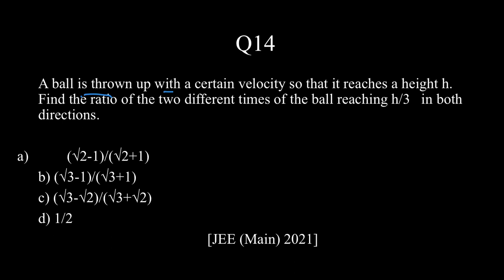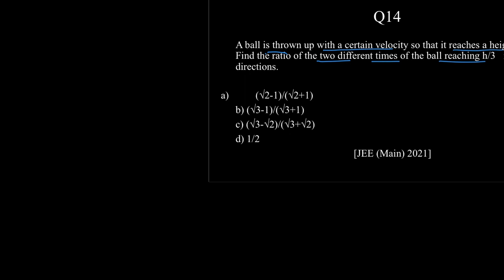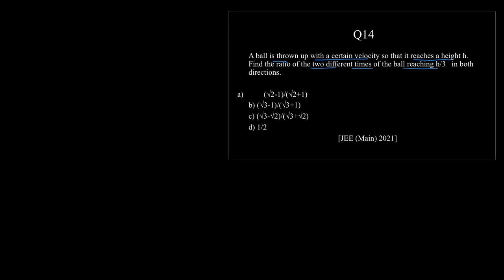A ball is thrown up with a certain velocity so that it reaches the height h. Find the ratio of the two different times of the ball reaching h by 3 in both directions. So a ball is thrown up from the ground, say with velocity u.